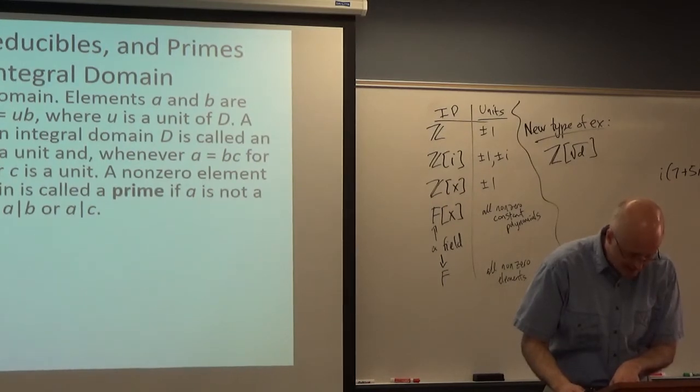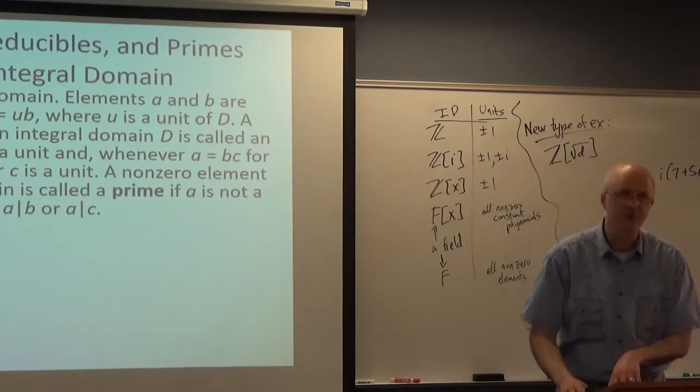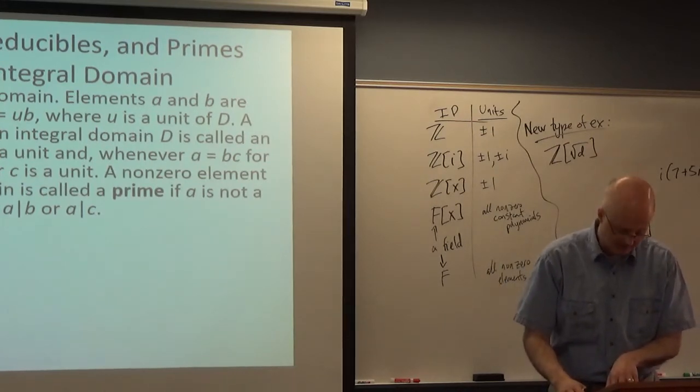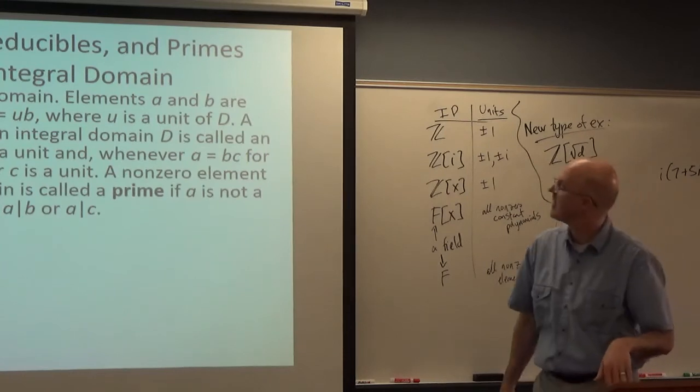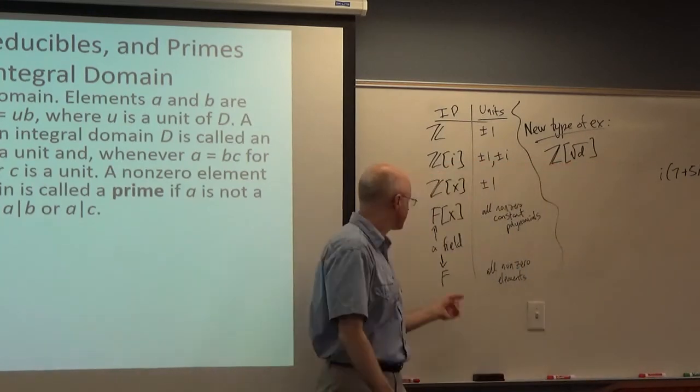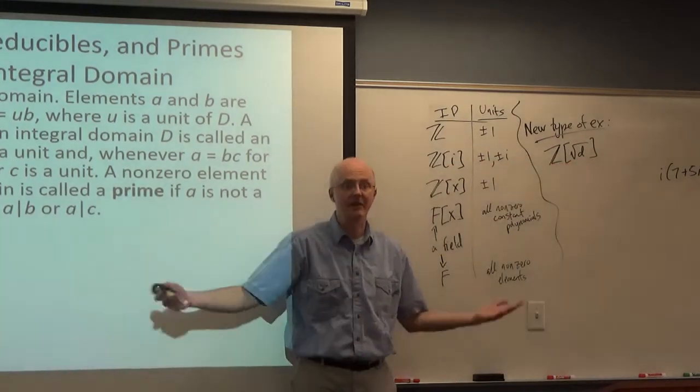No, excuse me, it's not, because it's an integral domain. Okay. 0 is not an associate of any element except itself. But every non-zero element is associated to every other non-zero element.